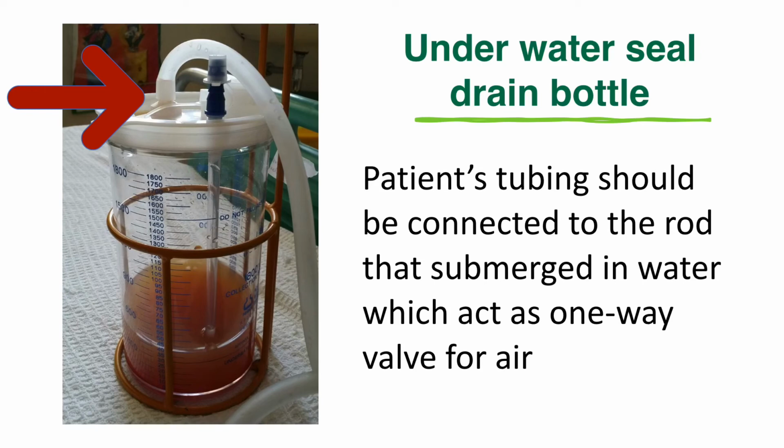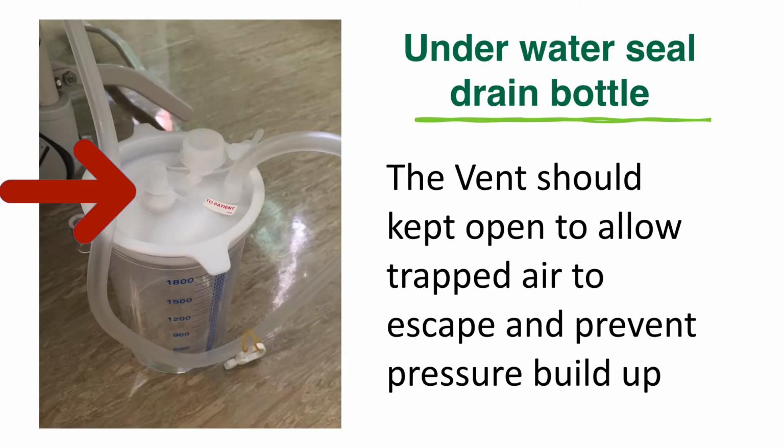The picture actually shows the patient tubing is wrongly connected to the vent, which functions to allow the trapped air to escape. The vent, indicated by the red arrow, should be kept open to allow the trapped air to escape and also prevent pressure building up in the drainage system.